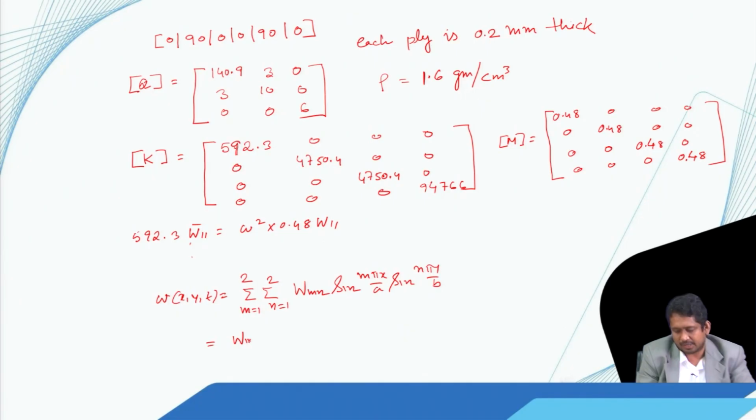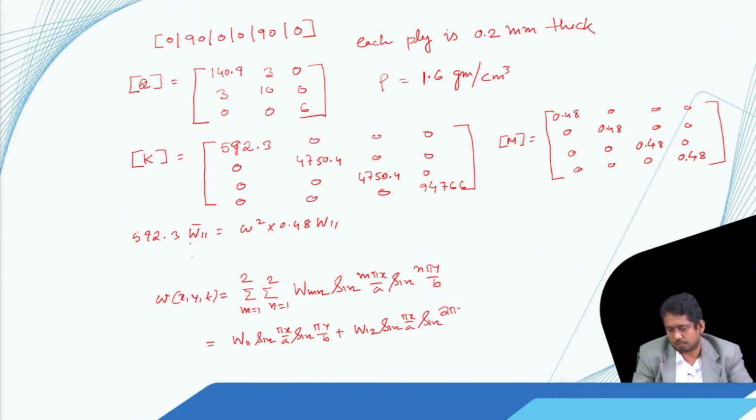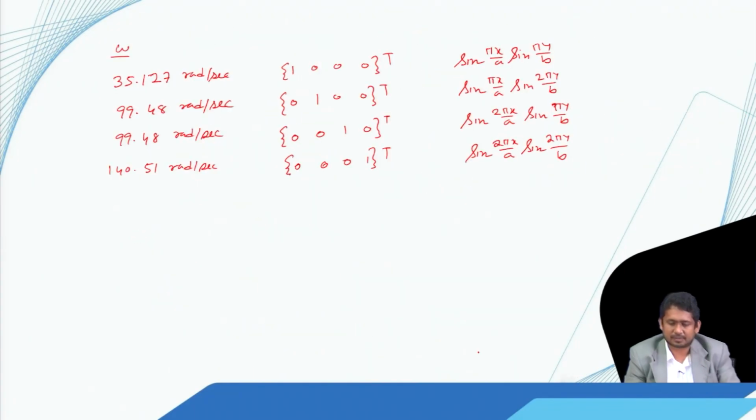So, by expanding we could write this as W11 sin pi x by a sin pi y by b, plus W12 into sin pi x by a into sin 2 pi y by b, plus W21 into sin 2 pi x by a sin pi y by b, plus W22 into sin 2 pi x by a multiplied by sin 2 pi y by b. So, this was the result from this example.